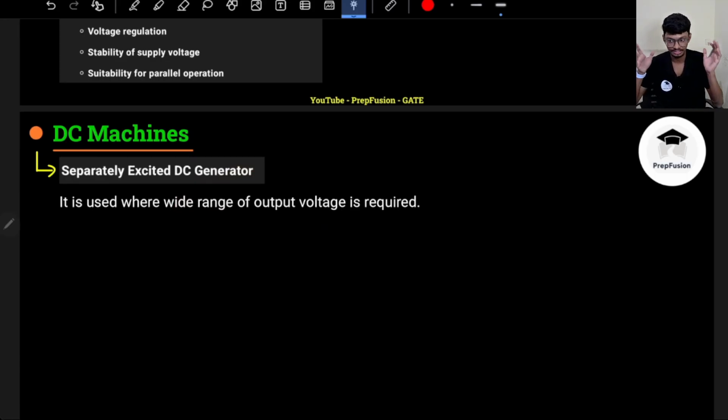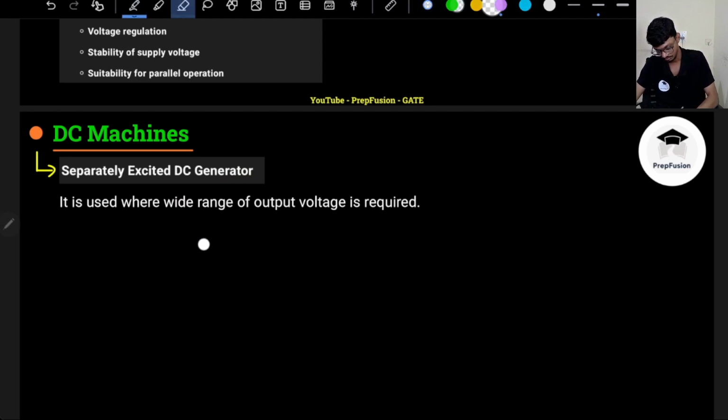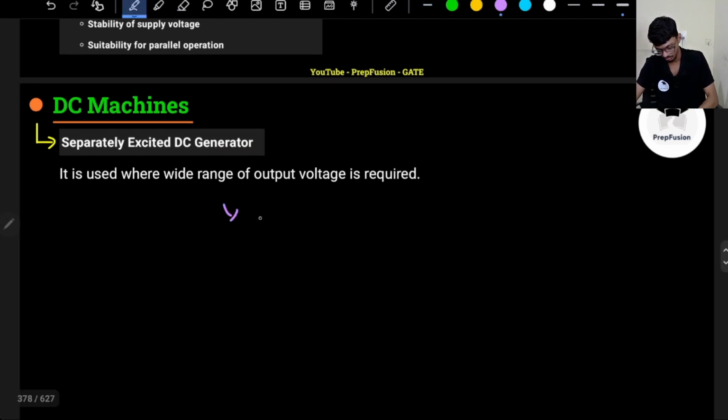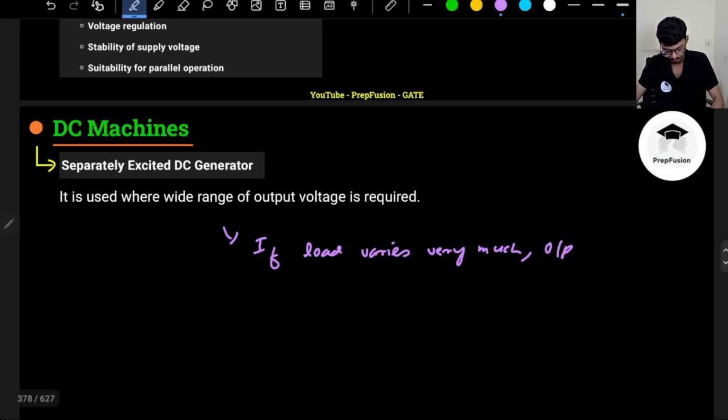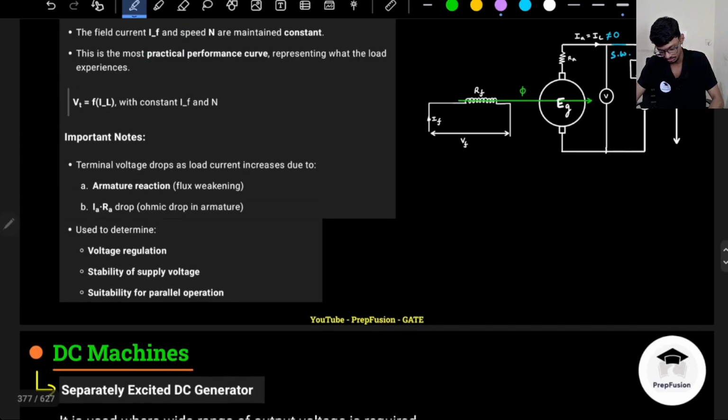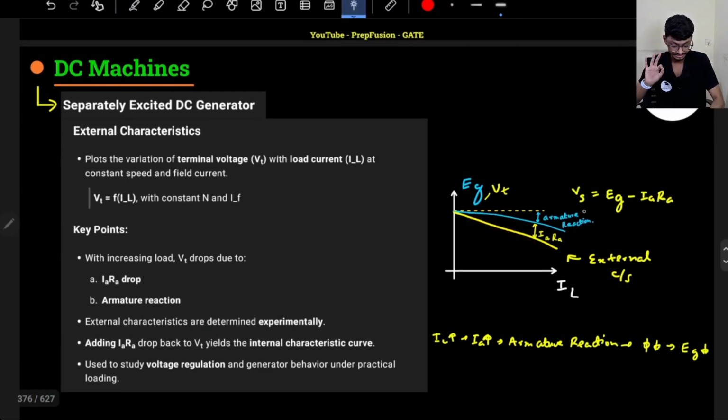If my load varies very much, and I want my output voltage also to vary very much, because I want more range of output voltage, I may use a separately excited machine, because this separately excited machine will give me more range, although the reasons are different, due to armature reaction.